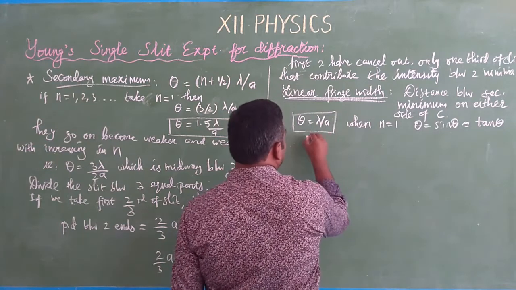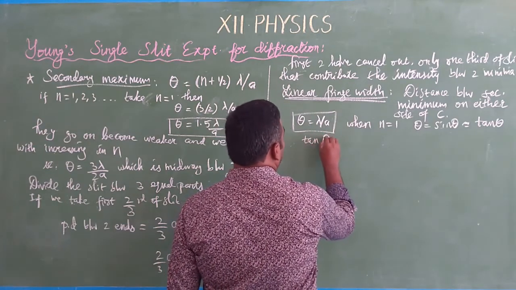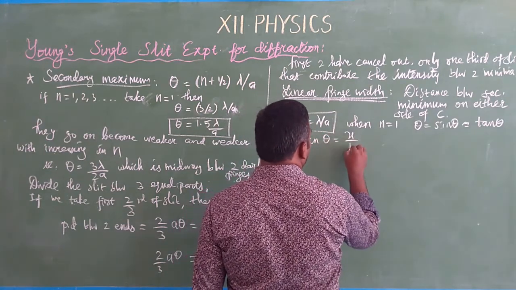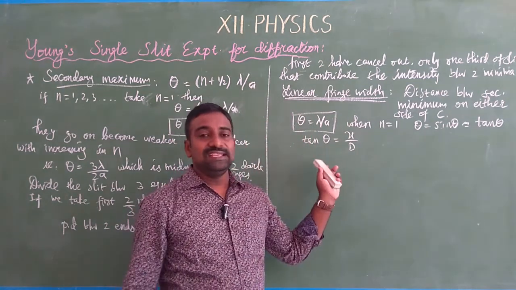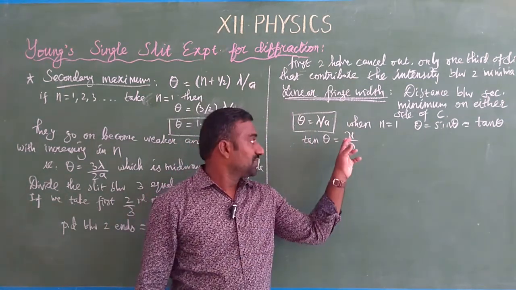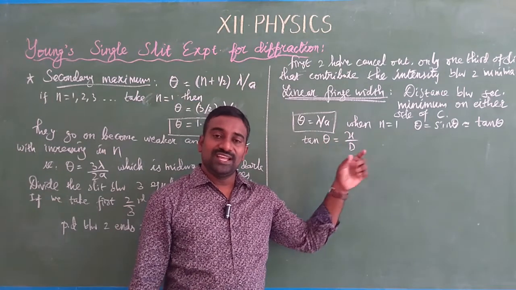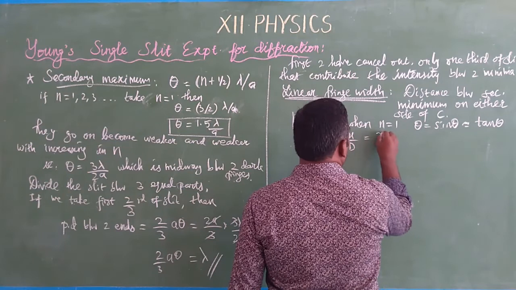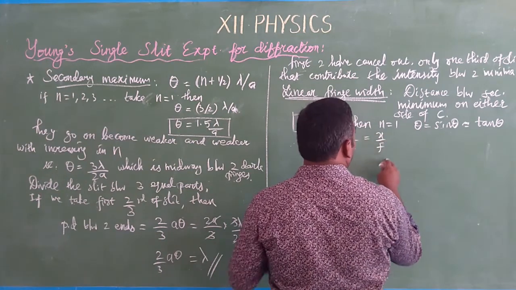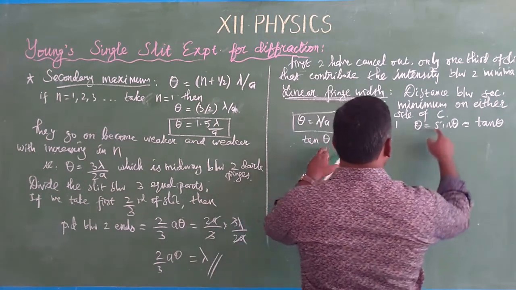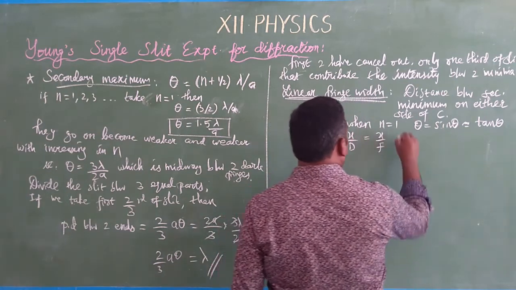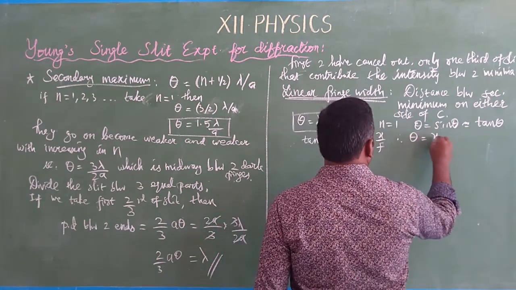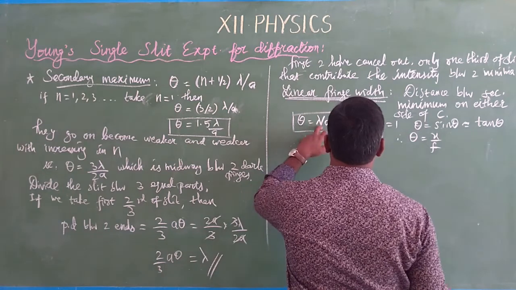What is tan theta? From the diagram, tan theta is equal to x by d. D is the distance between slit and screen, which is also taken as f, the focusing point. So it is equal to x by f, and this theta value is a very small value, therefore theta is equal to x by f. But already we have theta equal to lambda by a.